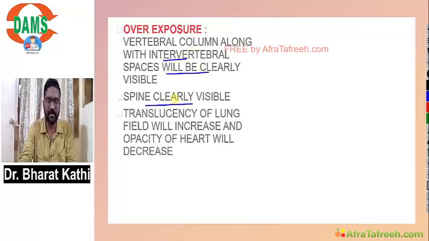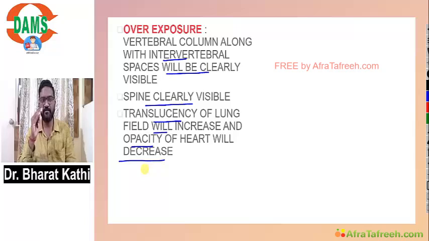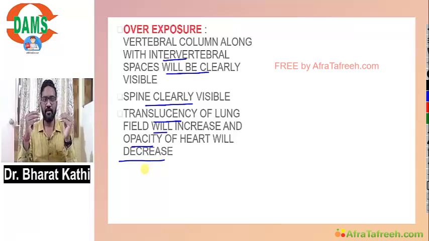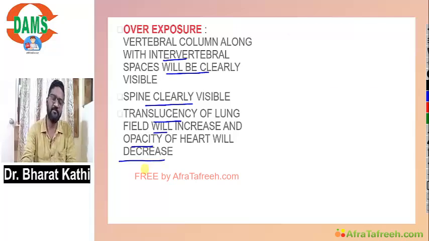The spine will also be clearly visible. Translucency of the lung field will increase and opacity of the heart will decrease. So whenever you send X-rays in high intensity, whatever is black will become very, very black, and whatever is white will become less white.